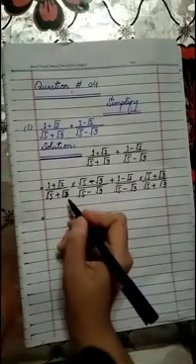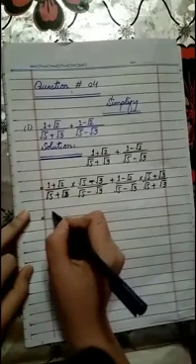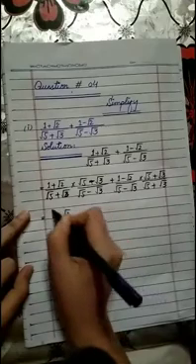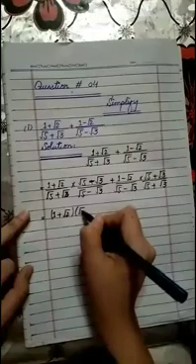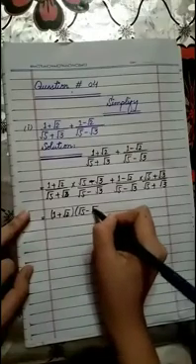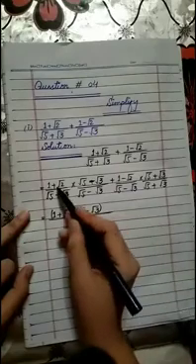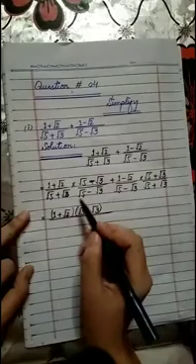Okay, so now we have to multiply these both. Numerators will be multiplied: 1 plus square root 2 times square root 5 minus square root 3. As the numerators are multiplied to each other, in the same way the denominators are also multiplied.